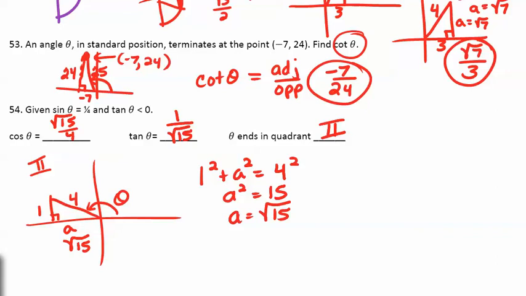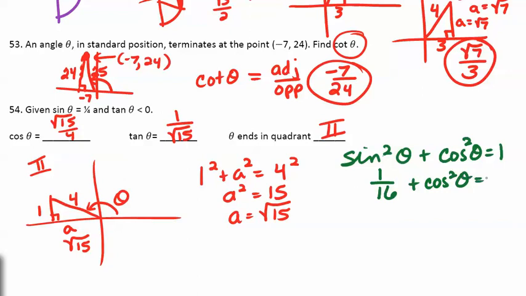Okay, now let me switch colors here and remind you that your textbook suggested an alternate plan here. They had suggested that you go to Pythagorean identity. And this really isn't a different method. You'll see that the Pythagorean identity is the same as using Pythagorean theorem. But we are given the sine is 1/4, so we could square the sine here to get 1/16.